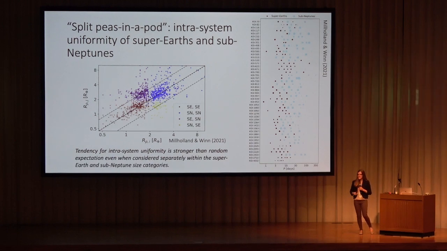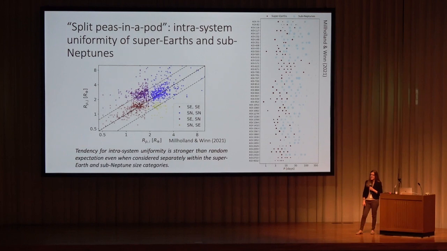Hi, Wei Zhu from Tsinghua University in Beijing. On this peas-in-a-pod pattern, I just want to make one comment. We do see these types of patterns in the system. But I guess the key question is whether or not this pattern is representative of the whole population, in particular the unseen population.